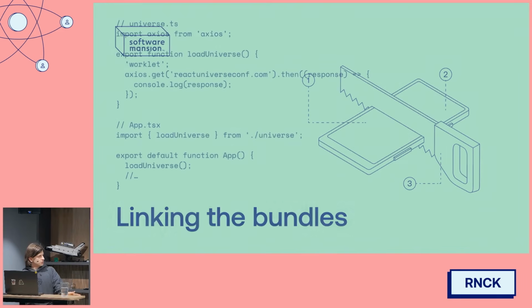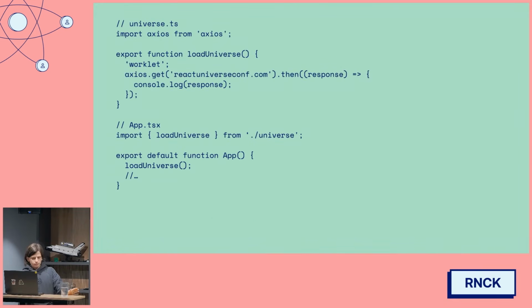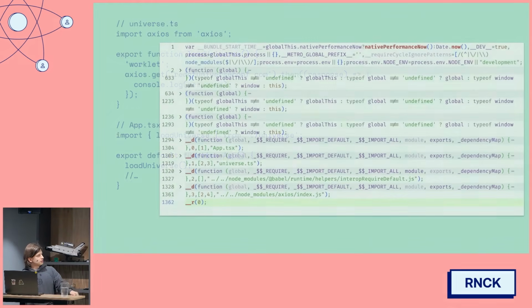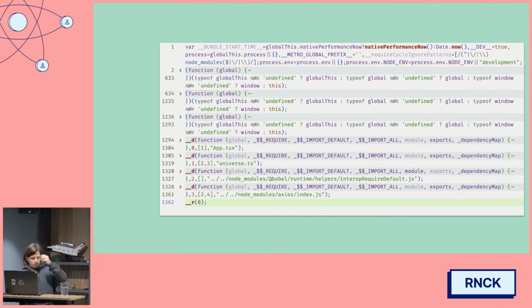So going back to our example file, this is how our code looked initially. And if we look into the bundle it produced, it's pretty complicated. It's actually a simplified version of the bundle. The real bundle is usually hundreds, thousands of lines long, weighing up to, I don't know, like 50 megabytes.